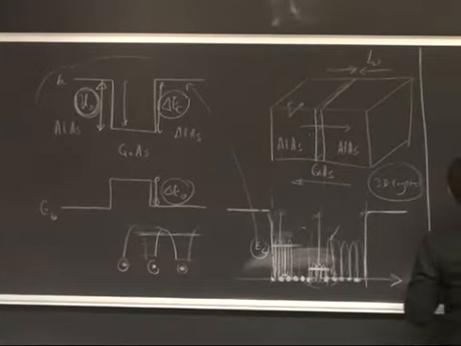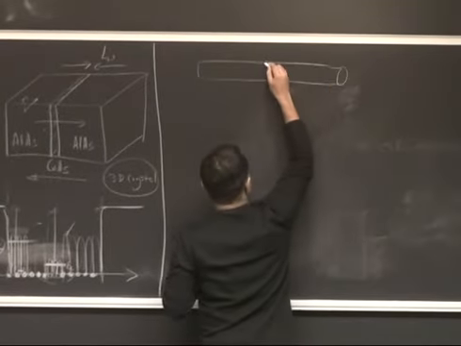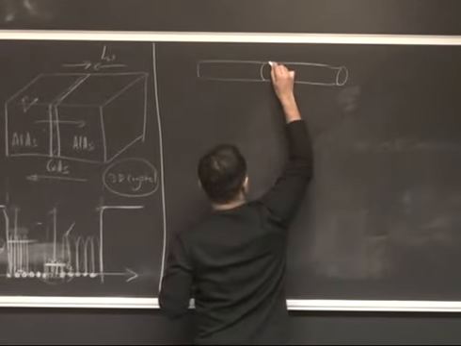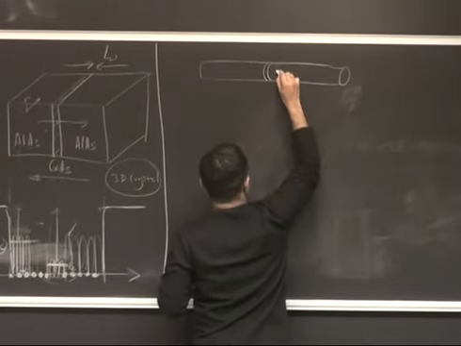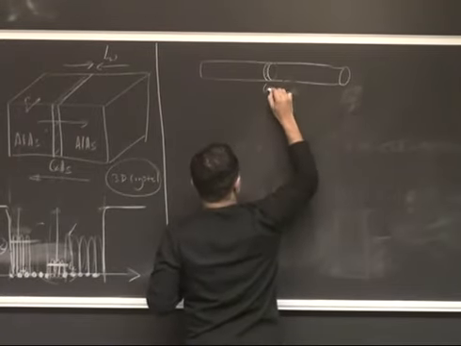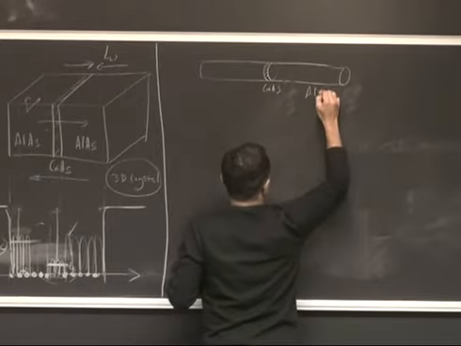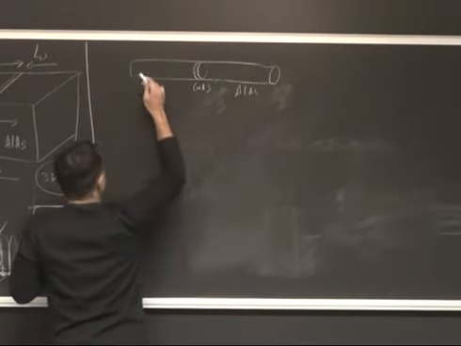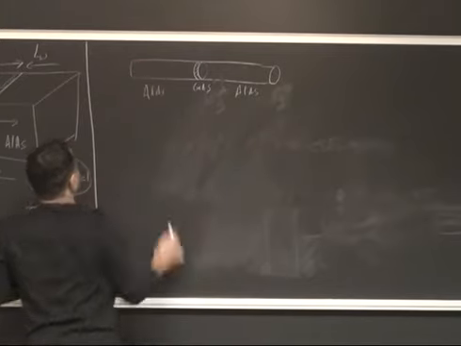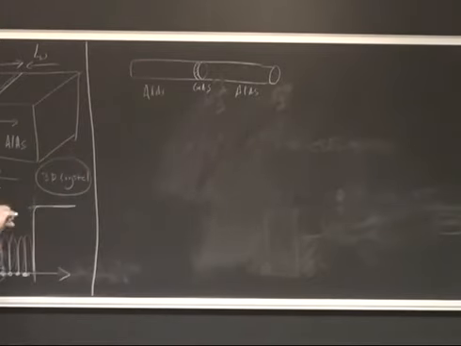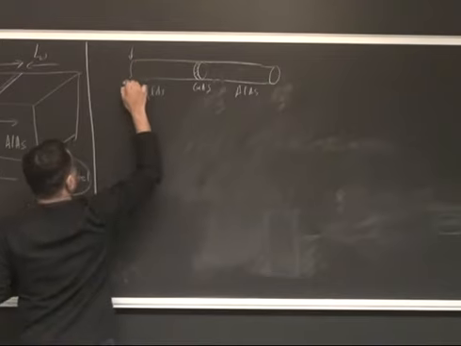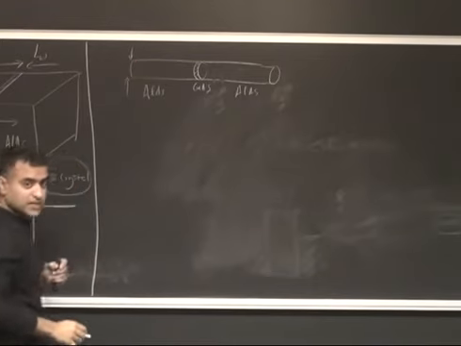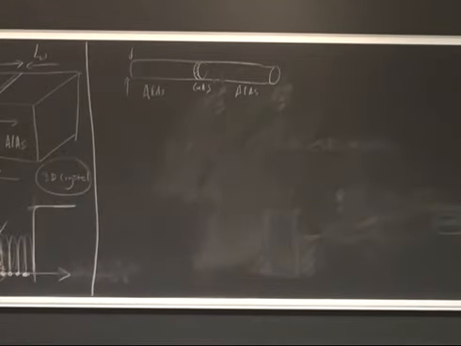Let me just sketch it. And then you put in a very narrow disk or something like that of gallium arsenide, and then you have aluminum arsenide and aluminum arsenide. So we made this very, very small, maybe about a few nanometers in diameter. So that's a quantum wire or a nanowire.